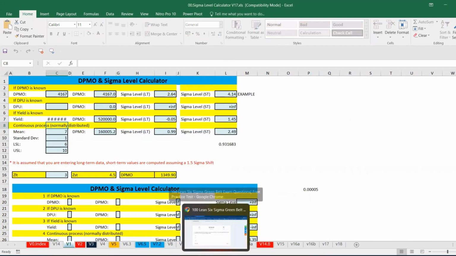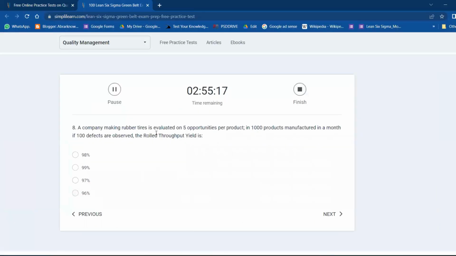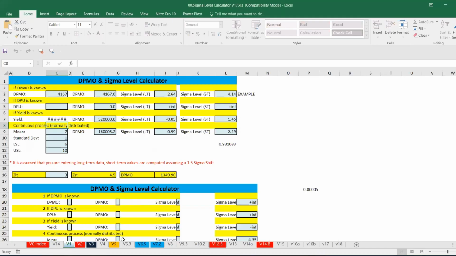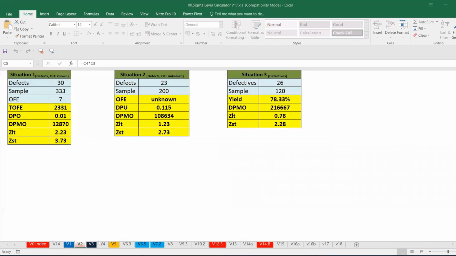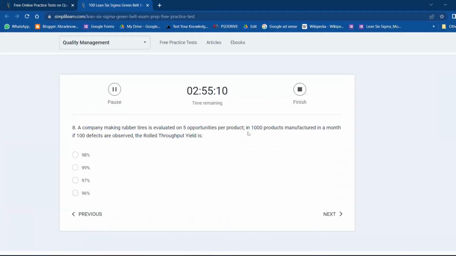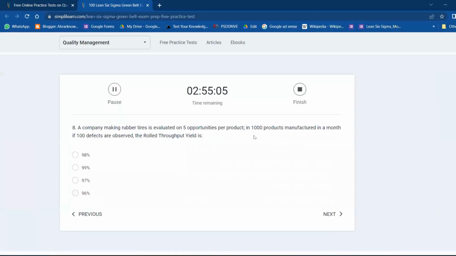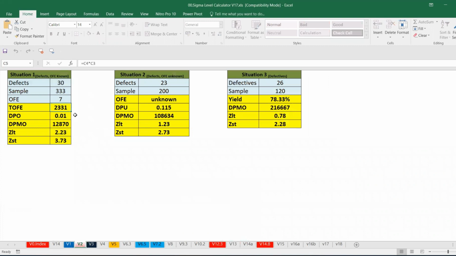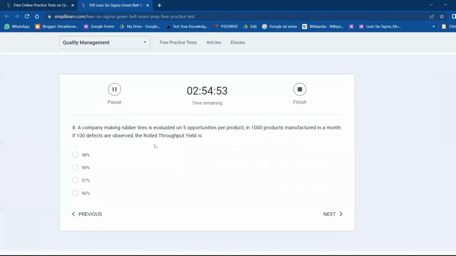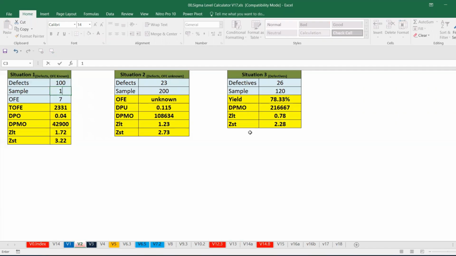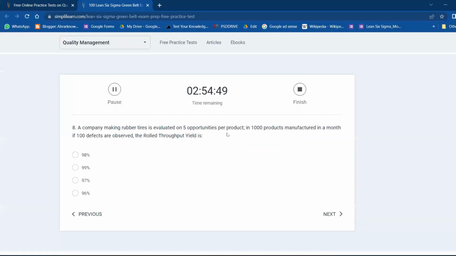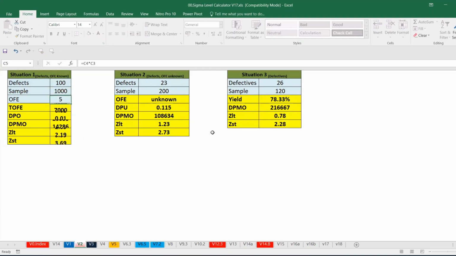Okay, here the question is, the company has, this is a defective. So in defective we have 5 opportunities and 1,000 products, and 100 defects. So we are talking about defects: defects is 100, sample is 1,000, and opportunity for error is 5.